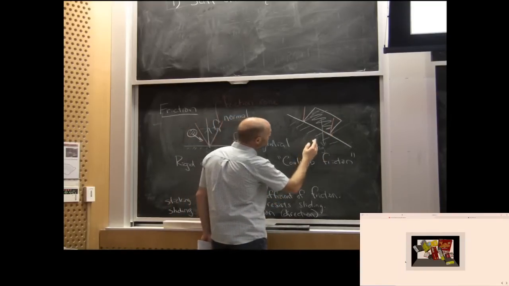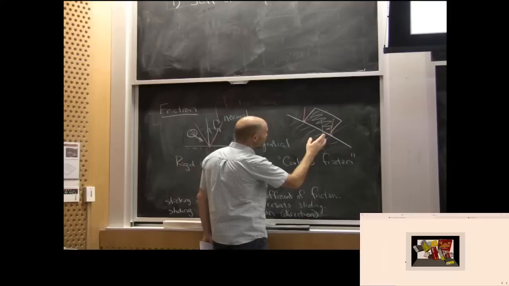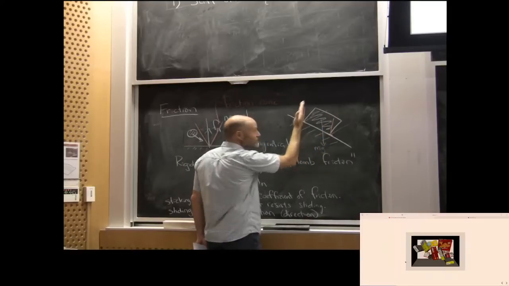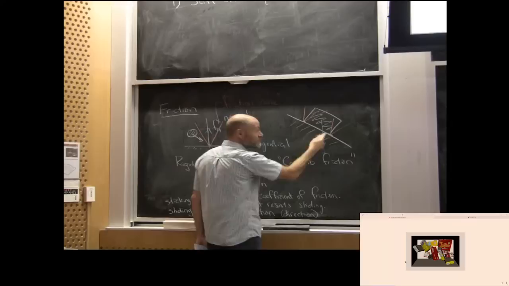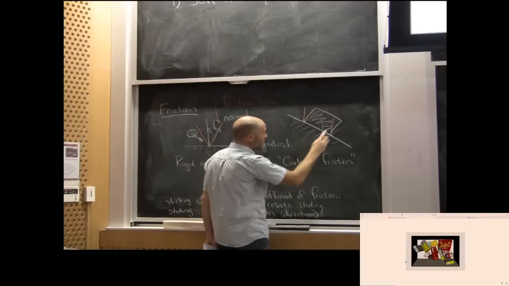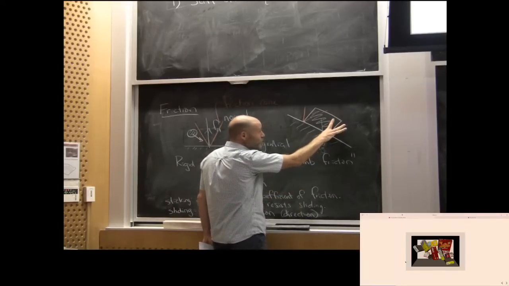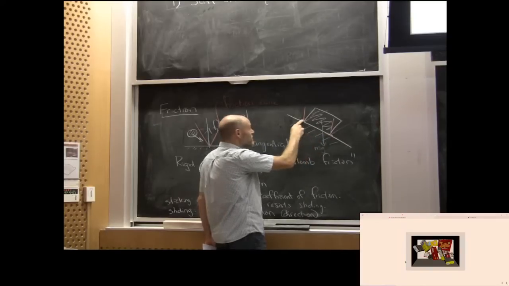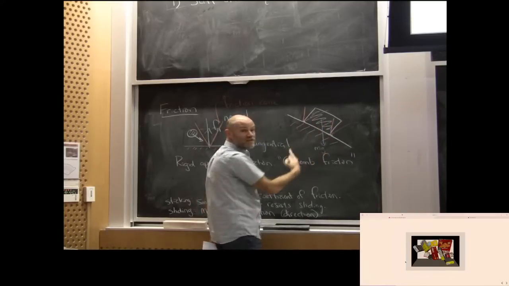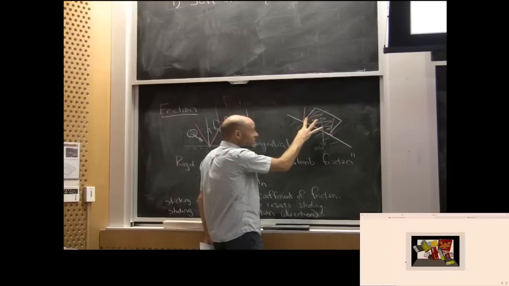I made both of those red lines consistently slanted. So given this rendition here, there is no force that can be applied at these points that would perfectly resist gravity. So this object's going to slide.